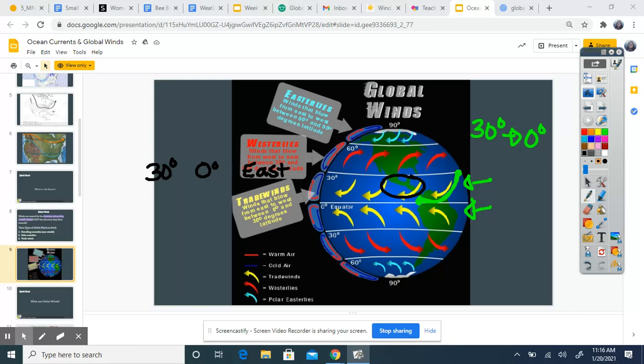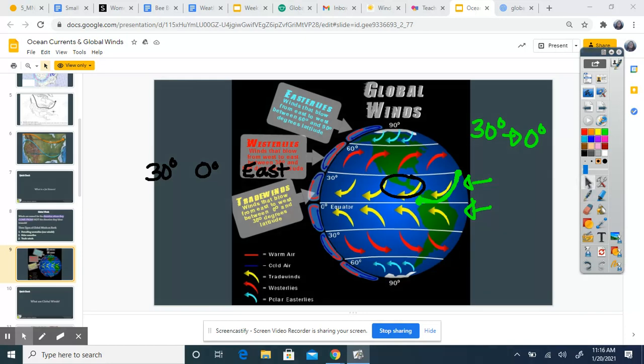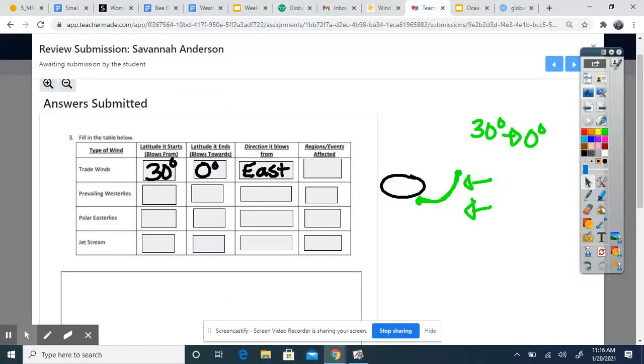We have like South America and places near the equator. So you can just say places near the equator. You don't have to be super specific. So I could just write right here, places near equator.